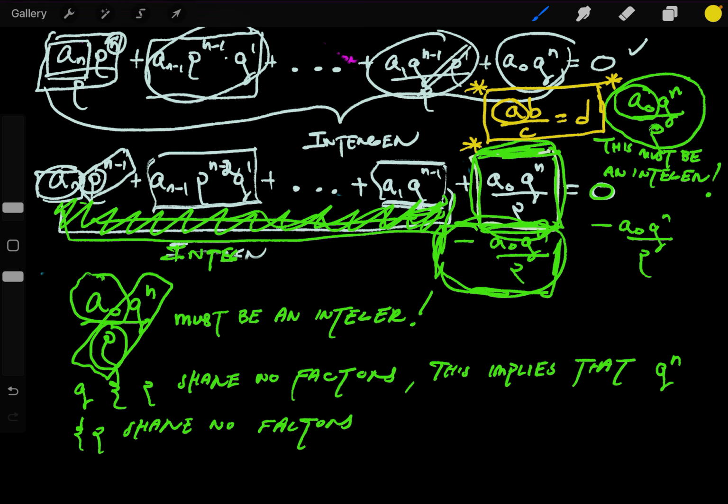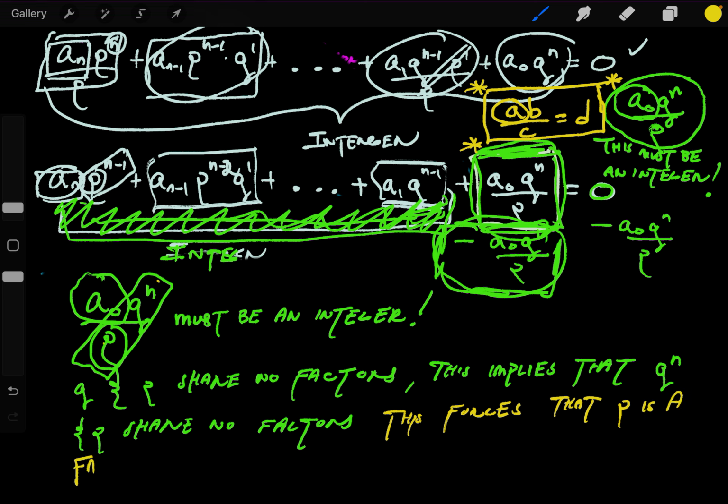Now, since Q to the n and P share no factors, that means P is not a factor of Q to the n, this forces that P is a factor of A sub 0.